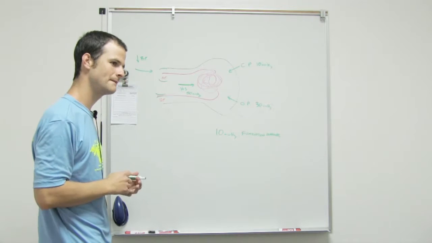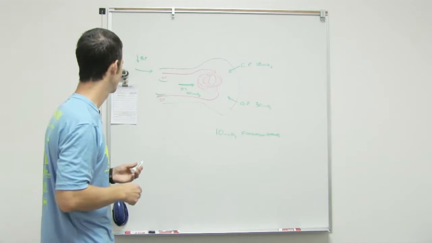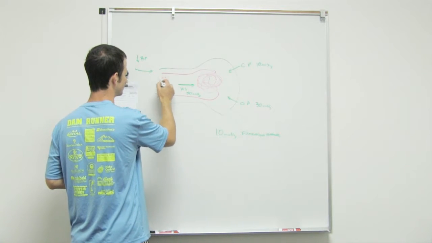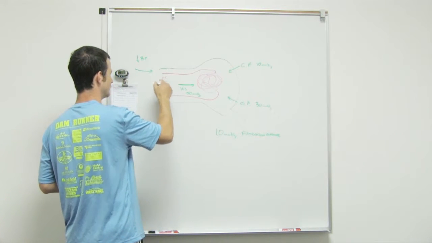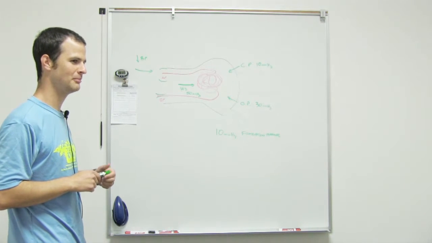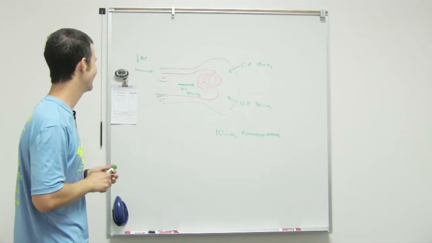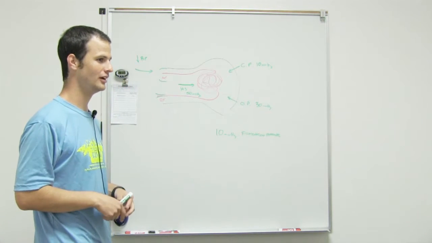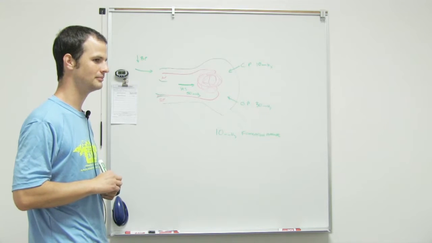Are there receptors in there? Yeah, right around your afferent arteriole, there's the juxtaglomerular apparatus. It basically measures the flow of blood into the capillaries.